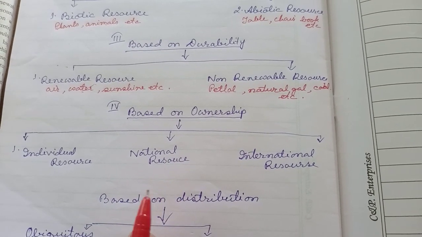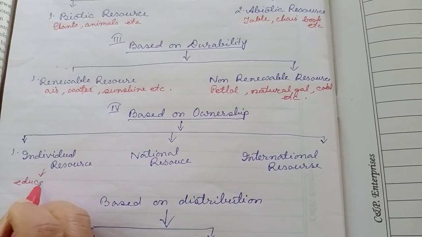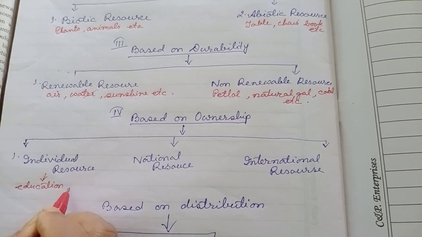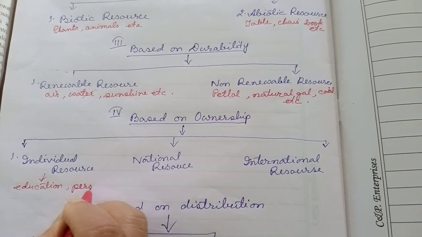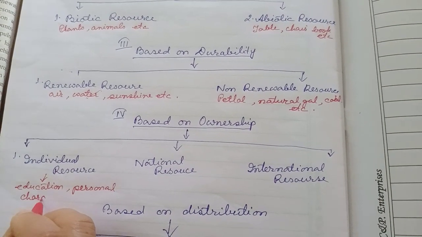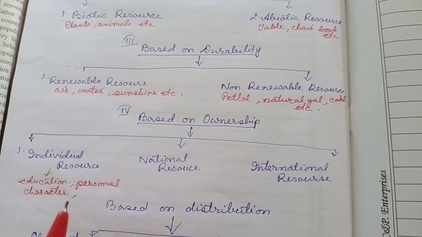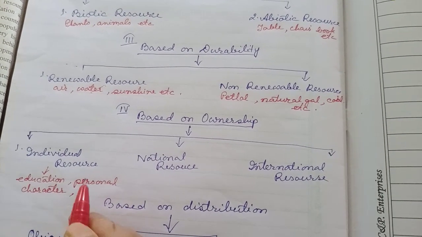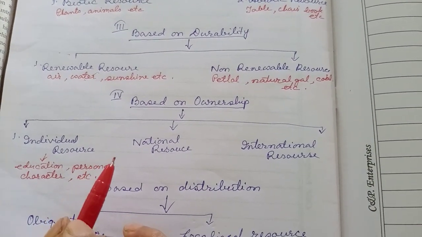For example, education, then personal character, a tree which grows in a particular person's house; those are all individual resources.